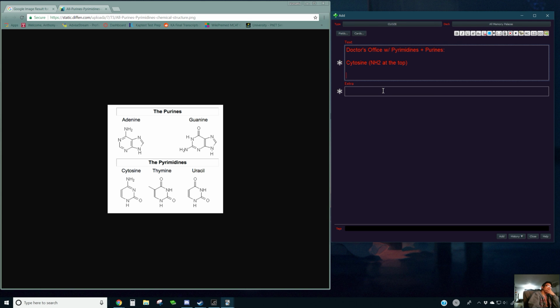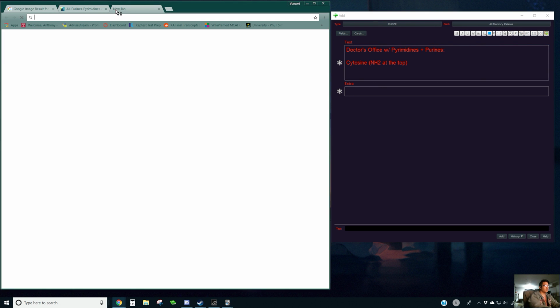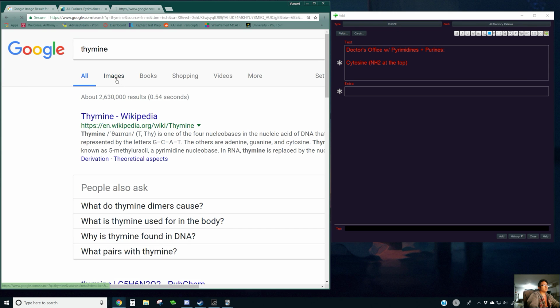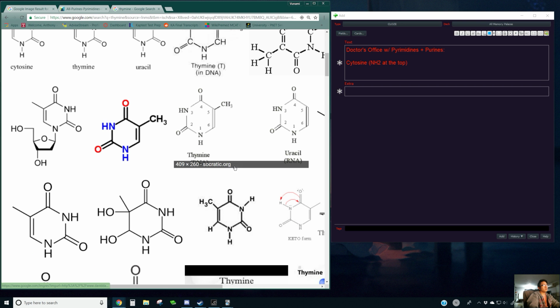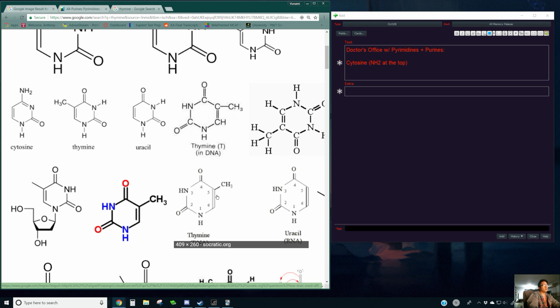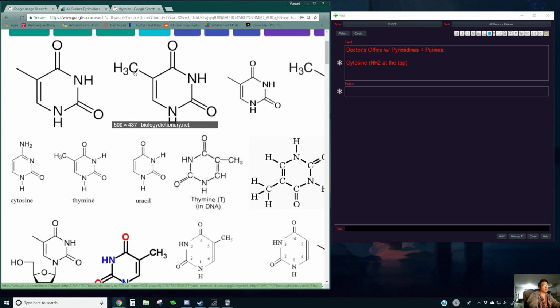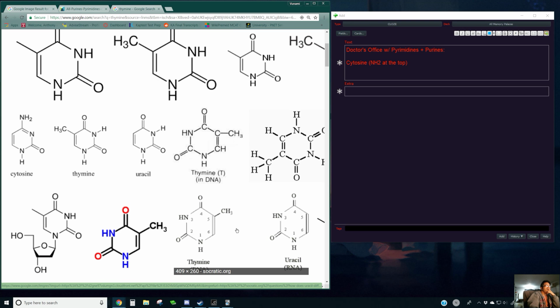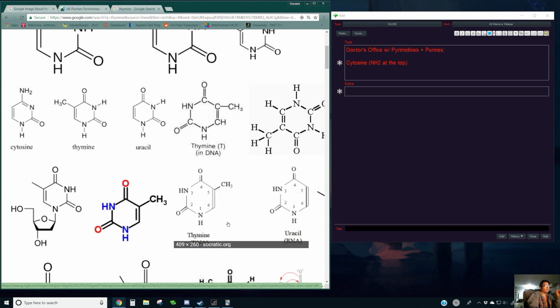Oh crap. What's happening? Let's see. I've noticed that the methyl group is on the right side and it's also on the left side. That's really confusing.